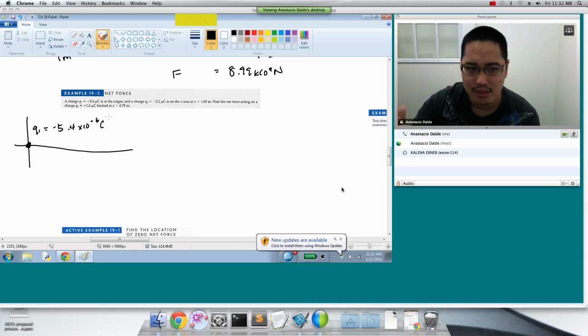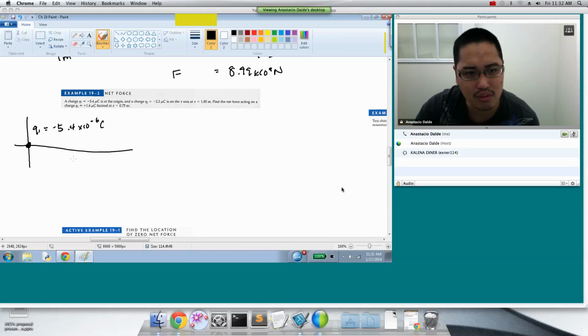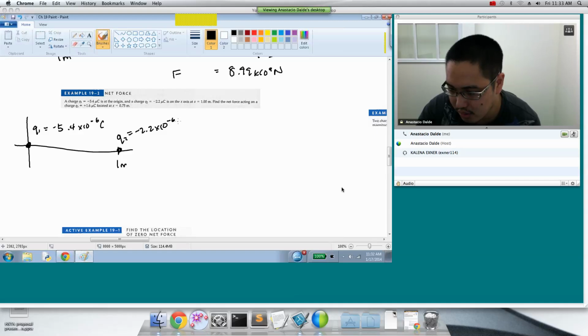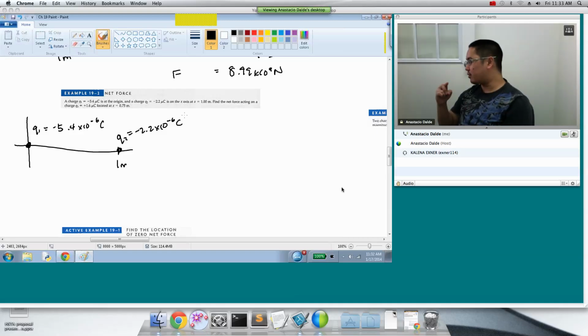Alright. Now we got Q2 and it's on the axis and it's 1 meter away. Draw this, by the way, Kalena. Q2 equals negative 2.2 times 10 to the negative 6 coulombs. I'm not writing microcoulombs because that's what the times 10 to the negative 6 is going to do. Alright, so it looks to me like these guys are going to repel each other.